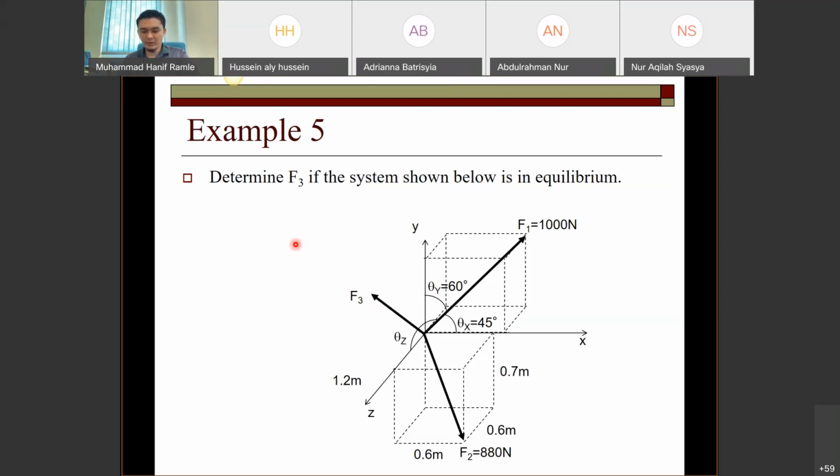How about F1? First angle method. Yes. How about F3? Second angle method. No, Doctor, how come we use the second angle method? Because there is no angle acting on force 3. First angle method. Yeah, the answer is equilibrium for 3D.